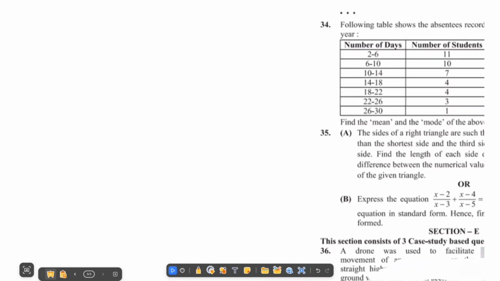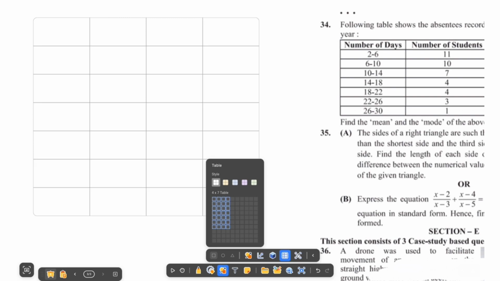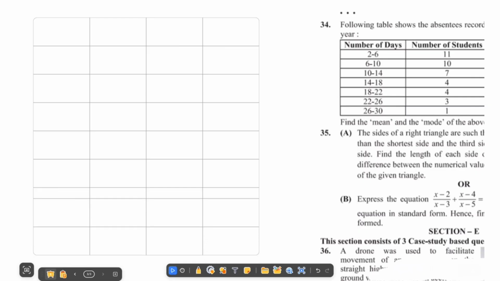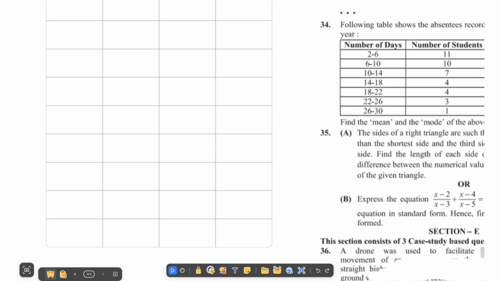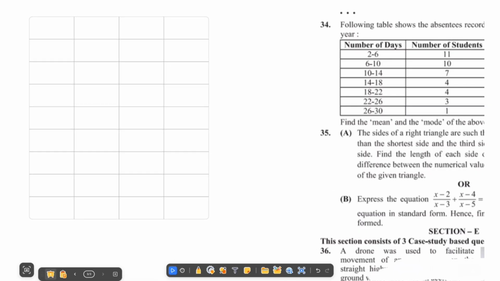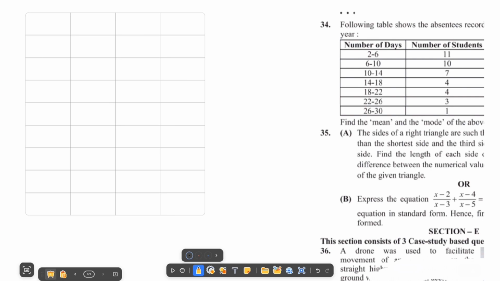Let us take the table. So what is given here: class intervals, frequencies, right?